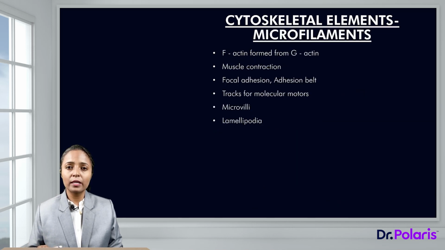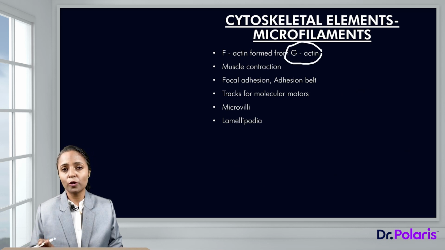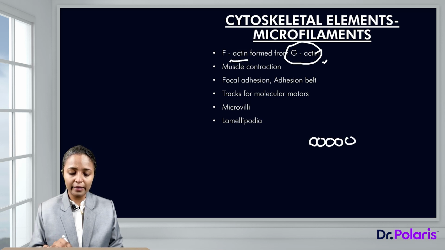The next type of cytoskeletal element is actin filament. So actin filament is basically formed from G-actin, as microtubule was formed from alpha tubulin and beta tubulin. Here, a number of G-actin monomers come together to form the F-actin.